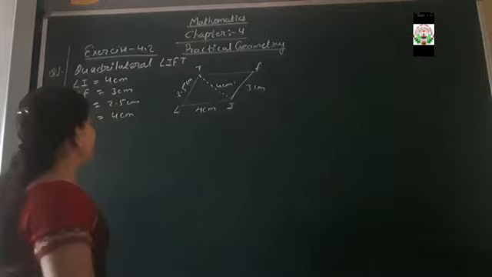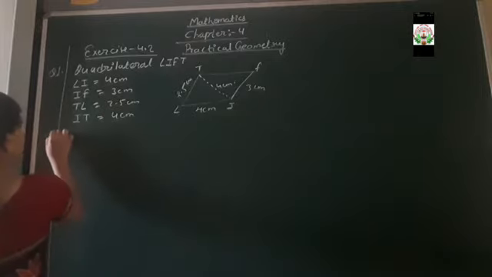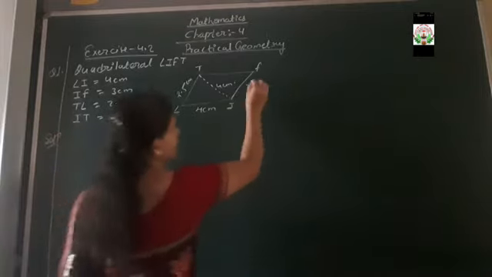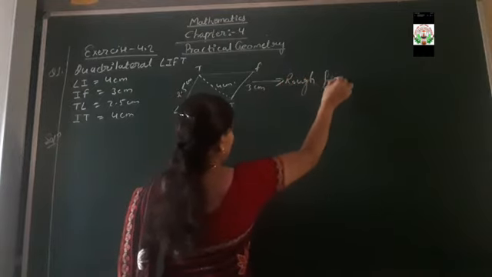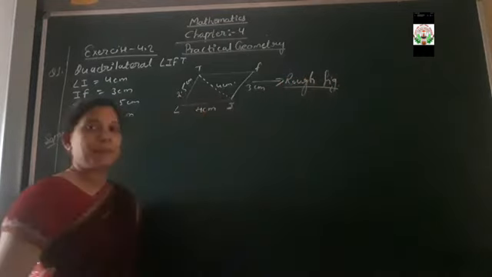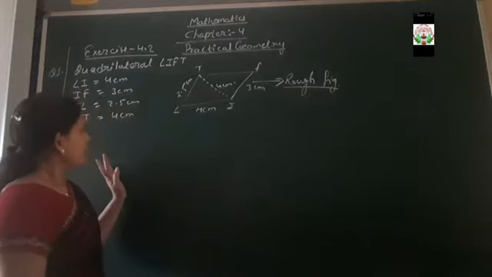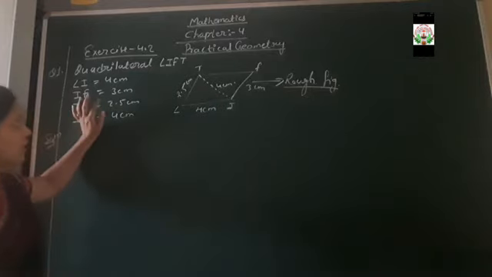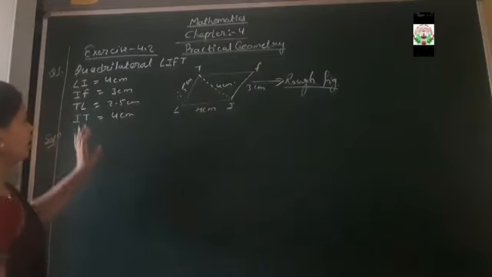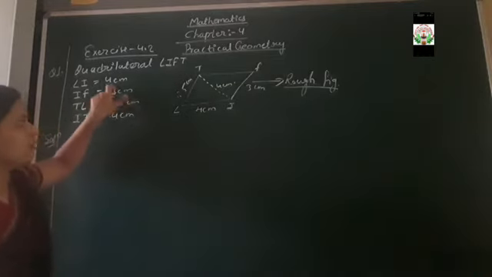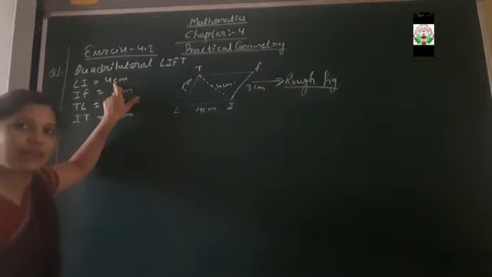Now, first steps. This one is a rough figure or rough sketch. Now we are going to construct the quadrilateral LIFT. First we have to create a base whose measurement is 4 cm.